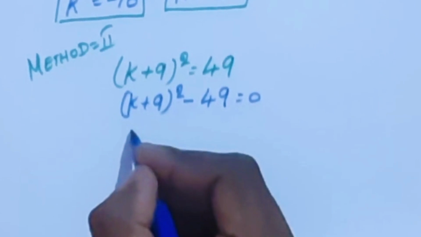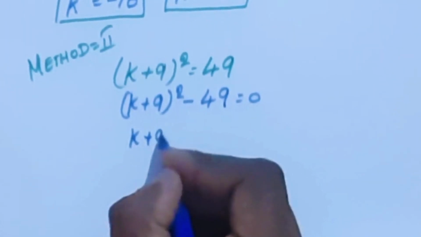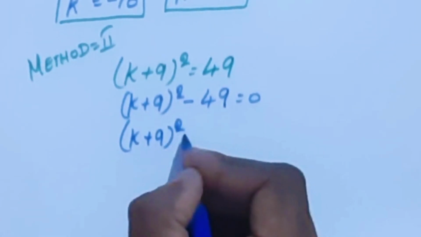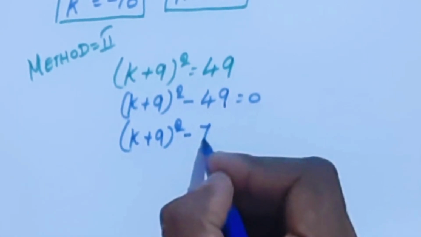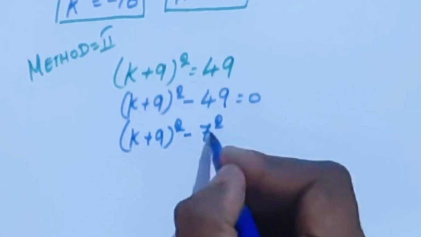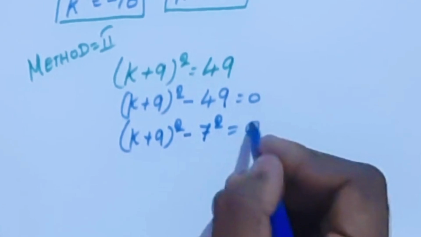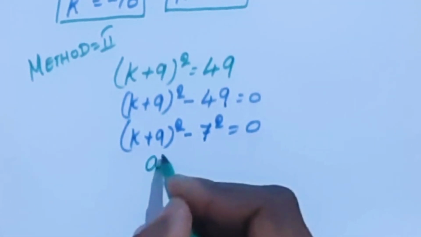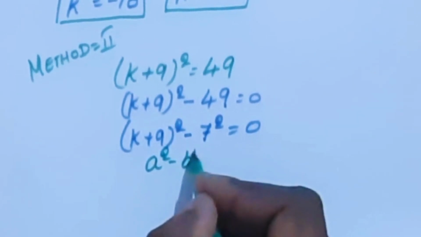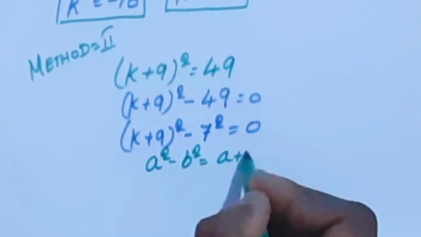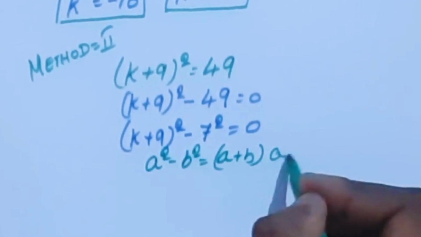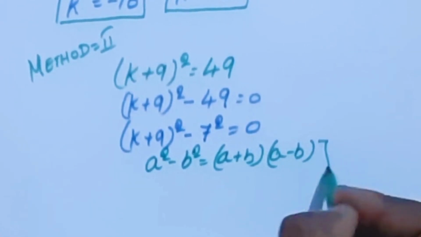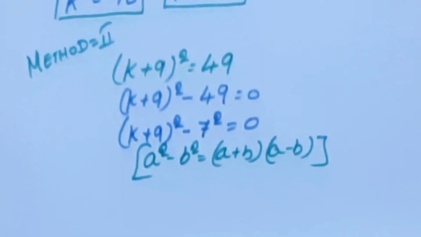Now 49 can be written as 7^2, so (k + 9)^2 - 7^2 equal to 0. Here we are going to apply the algebra formula a^2 - b^2 = (a + b)(a - b).